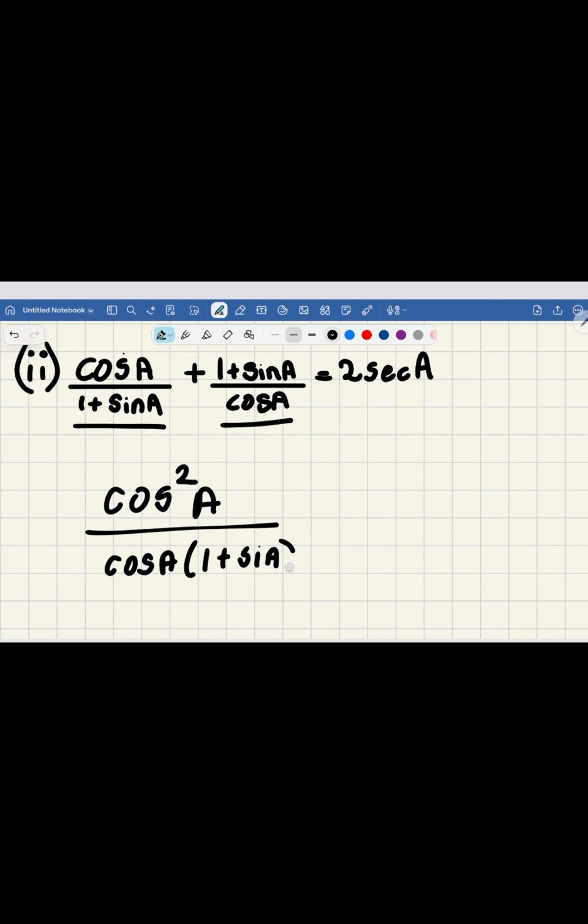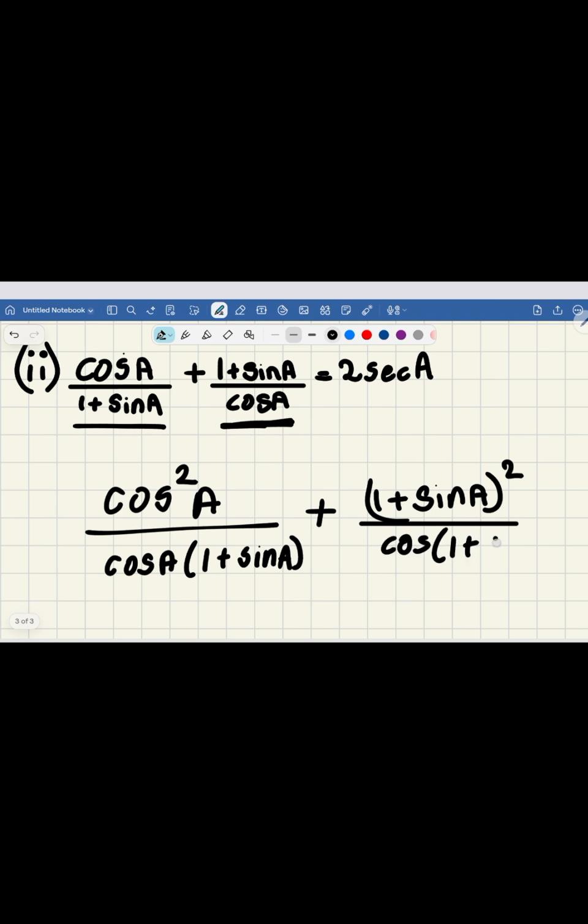Plus, so this you're going to multiply with this, so then obviously you're going to multiply 1 plus sine a with 1 plus sine a. That would be 1 plus sine a whole square. Keep in mind, it is not just square, it is whole square, by obviously cos a into 1 plus sine a.